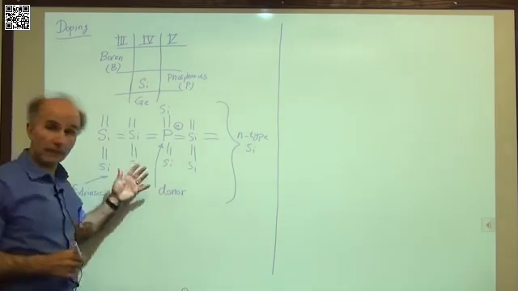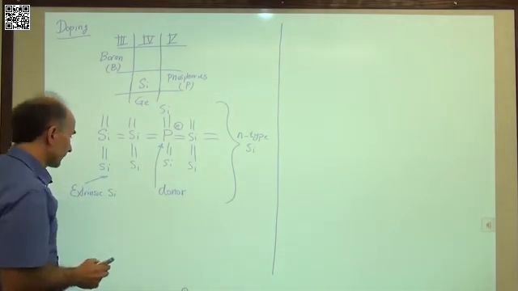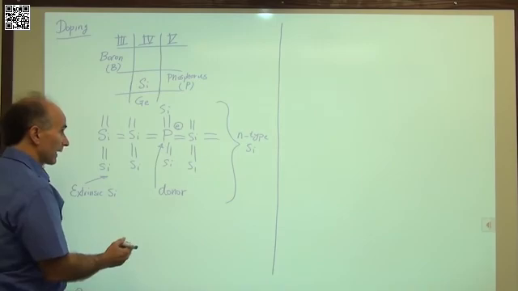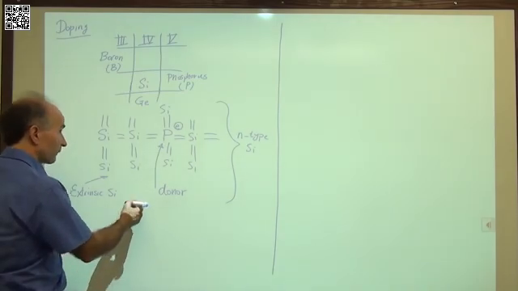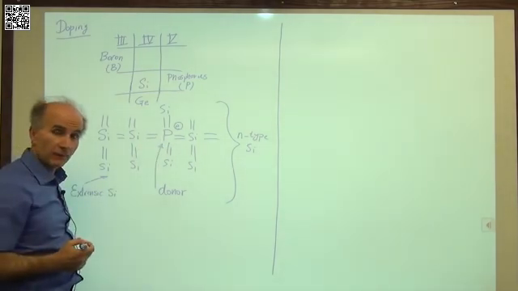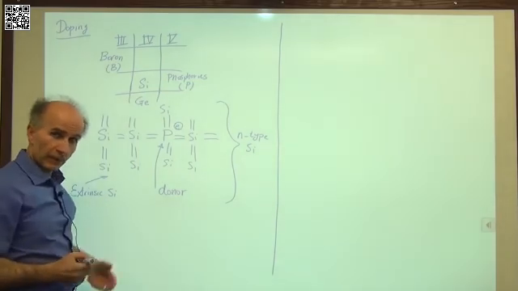What's interesting about the situation is that now we can say that if we introduce lots of these phosphorus atoms, a typical number is as follows.